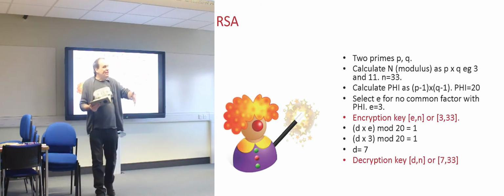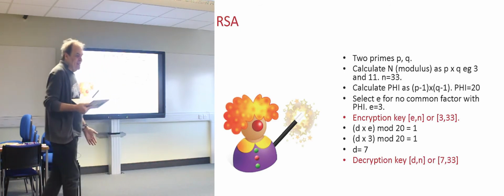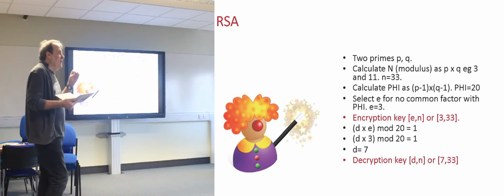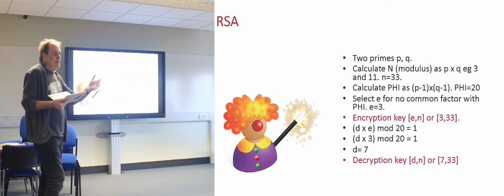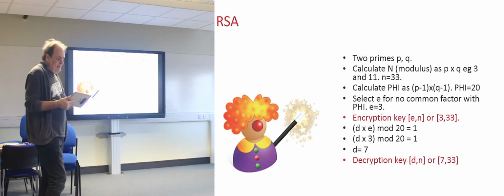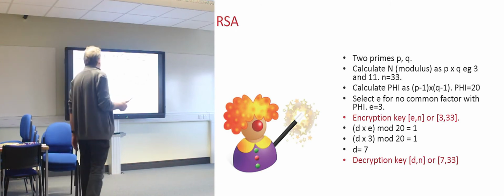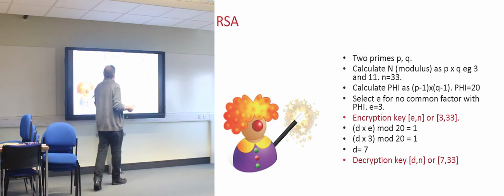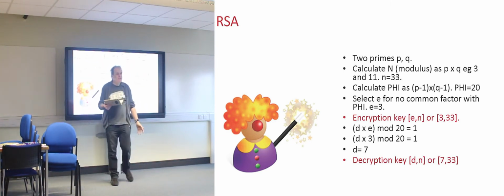Okay? So this is where the GCD comes in that we looked at, the greatest common denominator. We want a GCD of 1. There to be no shared factor between the value of phi and the encryption key that we pick, the value of E. So what are the factors of phi, 20?